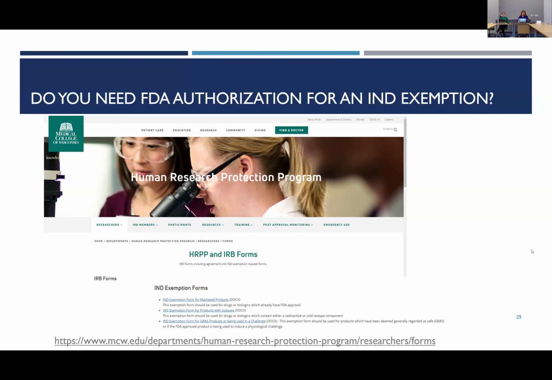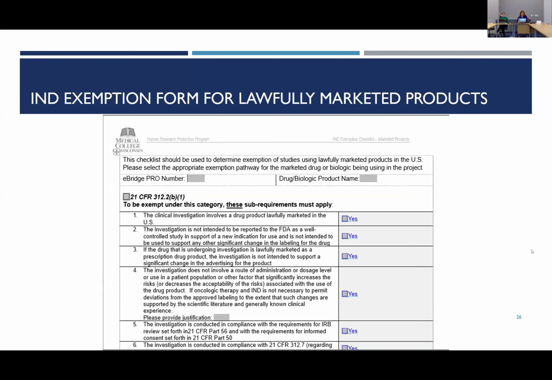And so at our institution, we have those checklists where they're able to attest that, yes, it meets all of these criteria to be IND exempt. And if it's questionable, and here is question 4, if it's questionable about whether the increased risk is related to a different patient population or dosage level or administration, that's where you need to add some justification. You can see that box there is intended to do that.